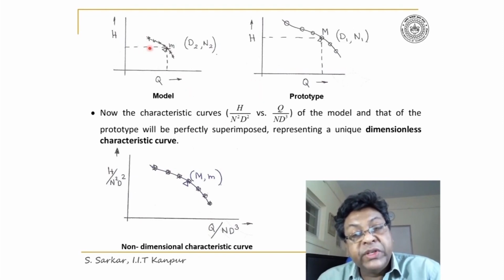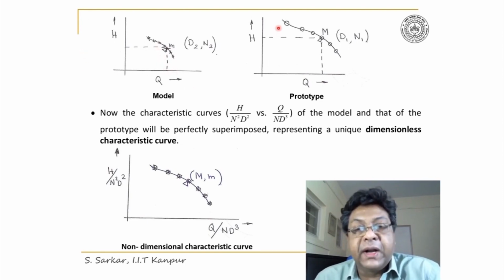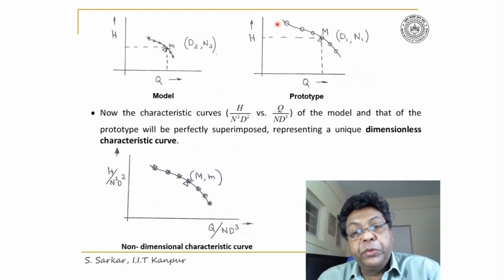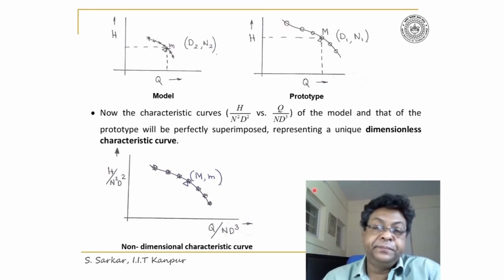Look, star is the data point for the model and the corresponding data points for the prototype is circled.